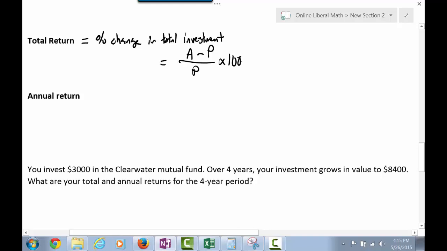An annual return is the annual percentage yield that would give the same overall growth.